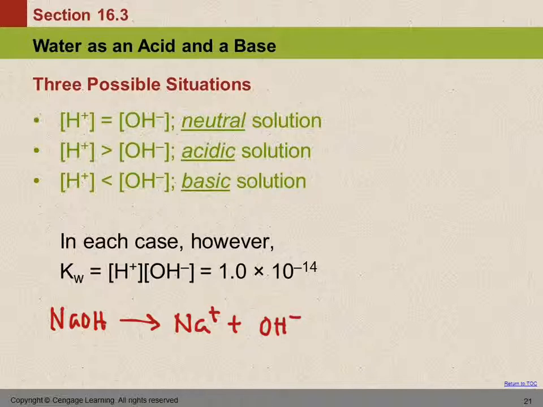That increases the concentration of the hydroxide ions because you actually were just adding hydroxide ions. It's more complicated than this, but this is enough to understand. And if we add something like HCl, which is a strong acid, that ionizes and forms H plus and Cl minus. Well, I've increased the hydrogen ions. Okay? So that's a good question.